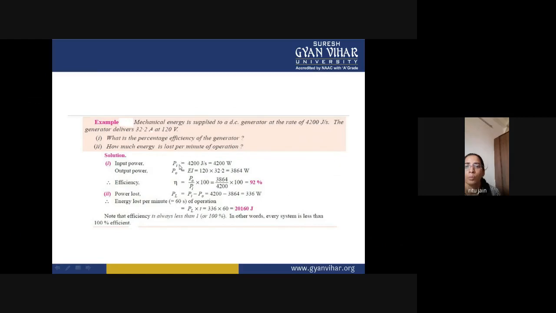So your input power is 4200 watt, and your output power is voltage into current. So you are getting 120 into 32.2 amperes, which is equal to 3864 watt. So efficiency is P naught upon Pi into 100.